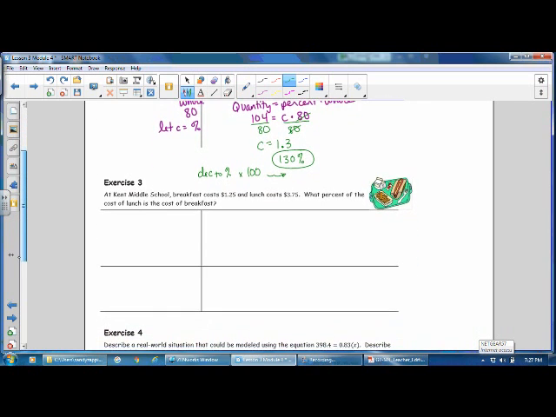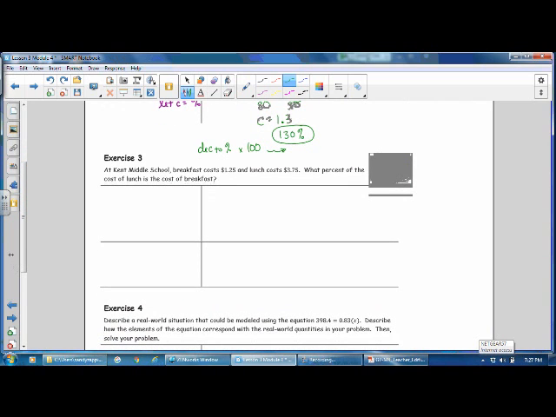At Kent Middle School, breakfast cost $1.25 and lunch cost $3.75. What percent of the cost of lunch is the cost of breakfast? So we want to know again what percent. So we will need to determine what is the quantity and what is the whole. So the question is asking what percent of the cost of lunch is the cost of breakfast? What percent of lunch is breakfast?